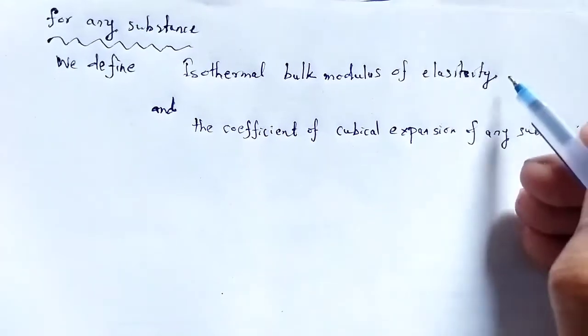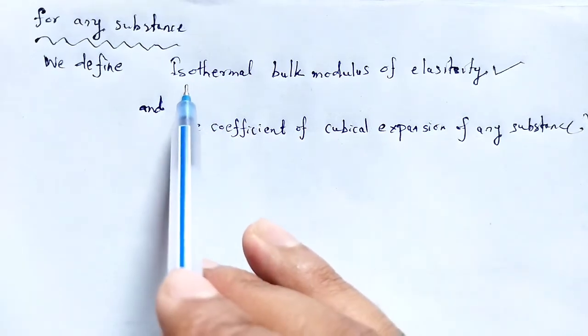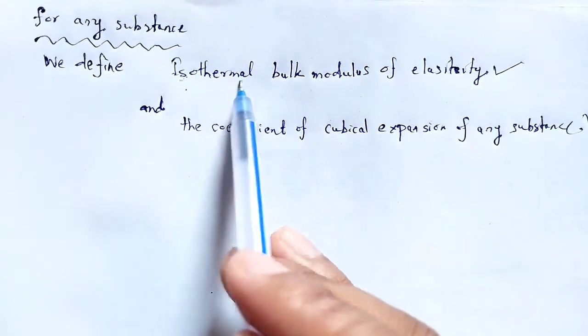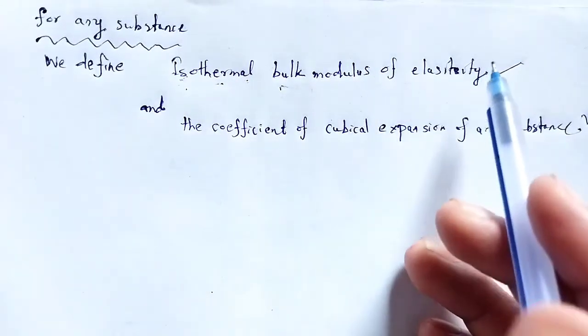We define these two, and then we can easily find out the result of Cp minus Cv for any substance. So what is the first one? That is the isothermal bulk modulus of elasticity. Means isothermal, here temperature T is constant, and we calculate the bulk modulus of elasticity.